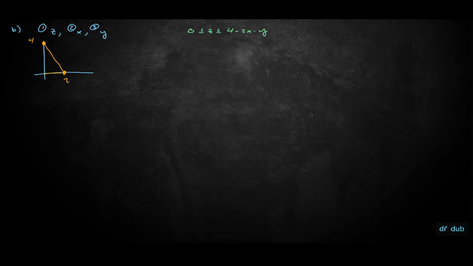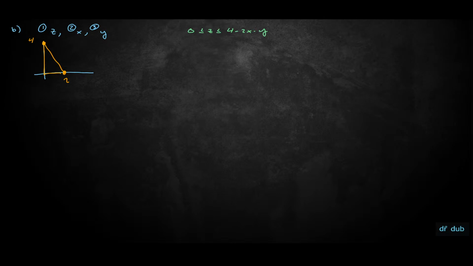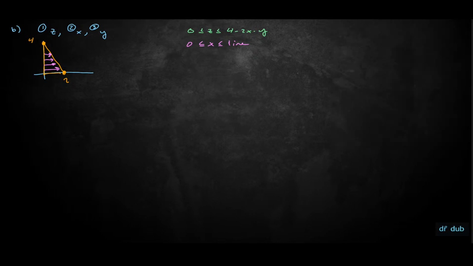So look back at this triangle in the xy direction, and this time we're doing x from 0 to the line. So 0 less than or equal to x, less than or equal to the line. And y is actually going to be between 0 and 4. So 0 less than or equal to y less than or equal to 4.